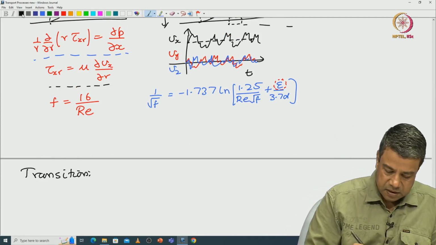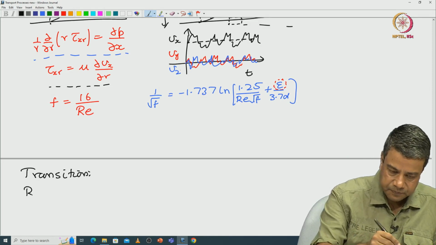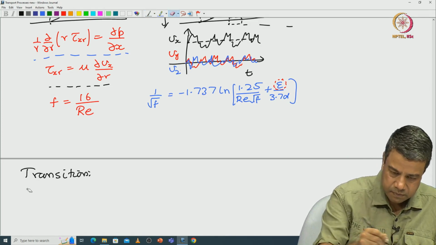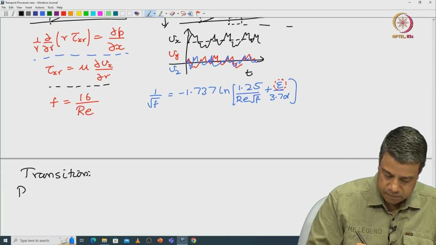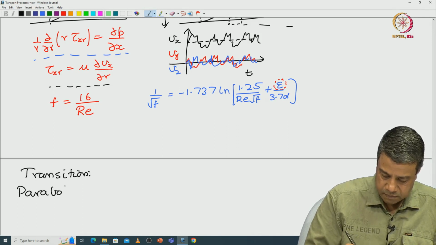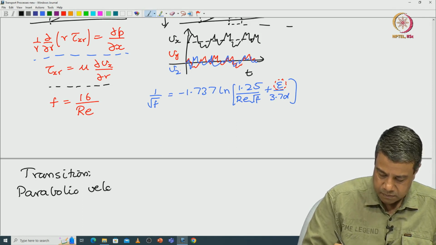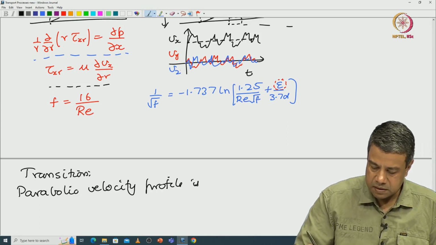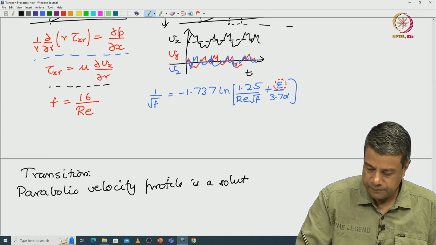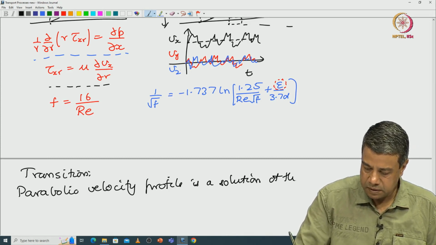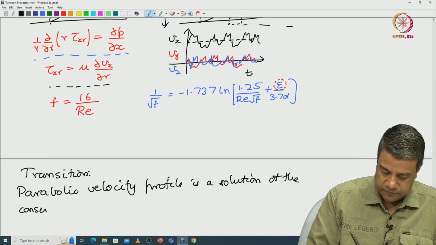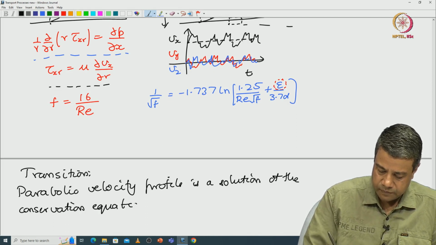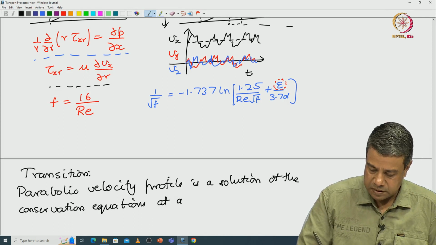So, the parabolic velocity profile is a solution of the conservation equations at all Reynolds numbers.